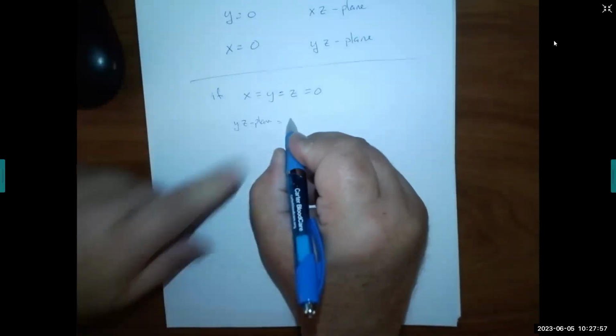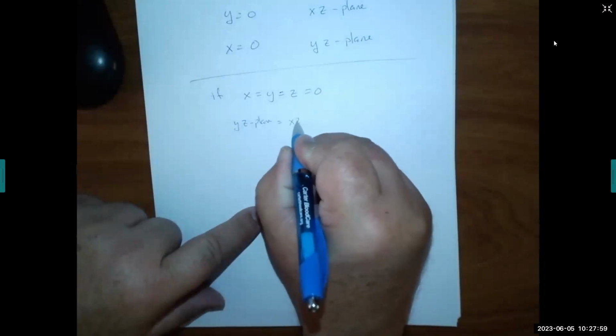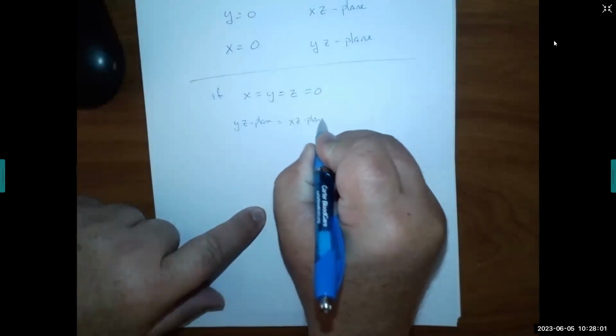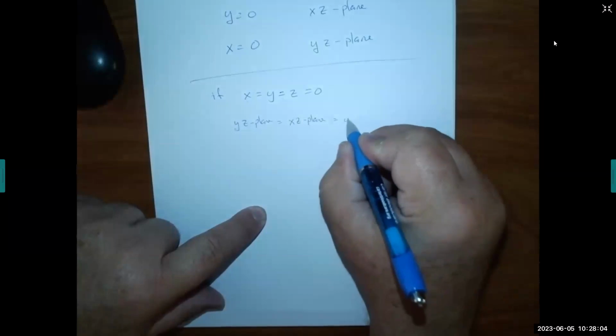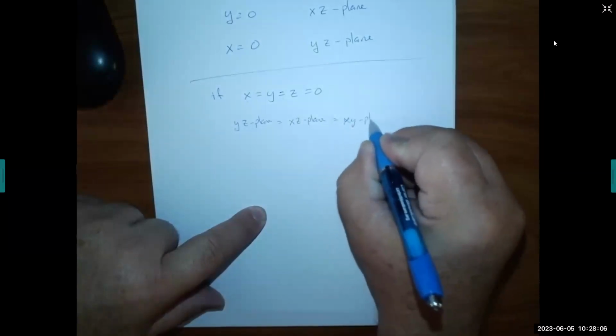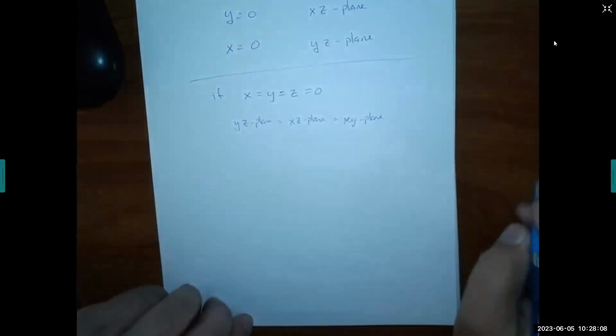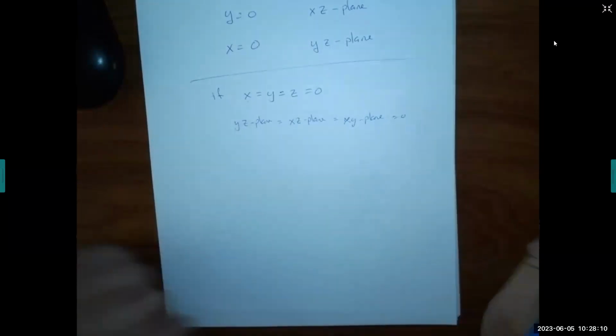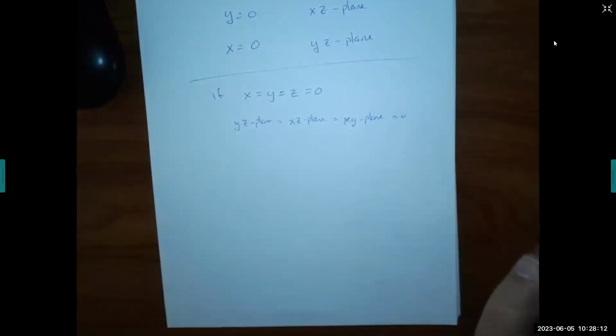So that has to equal the XZ plane, and then the XY plane. And the only place they're all equal to 0 is at the point 0. So if you have all three at 0, that's a single point.